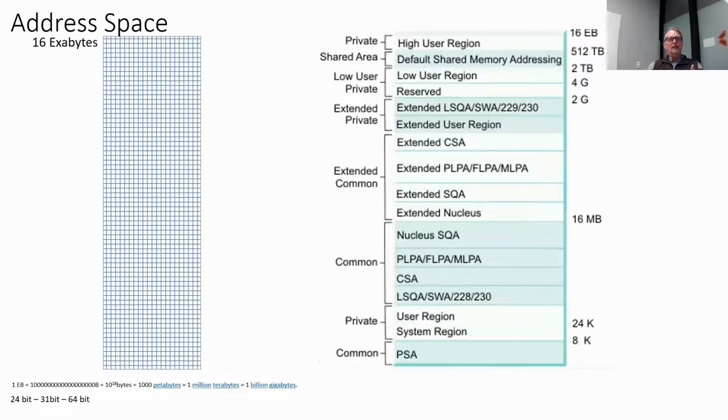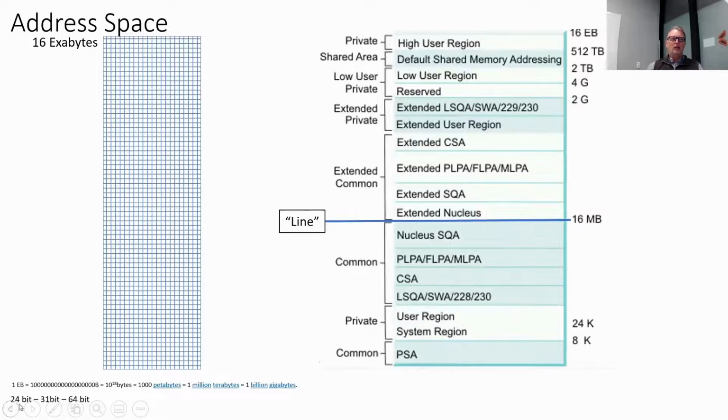And then what happens is the operating system takes and loads some things in there for you. So it loads certain things below the 16 meg line. The 16 meg line is important because that's what the original MVS could only talk to.